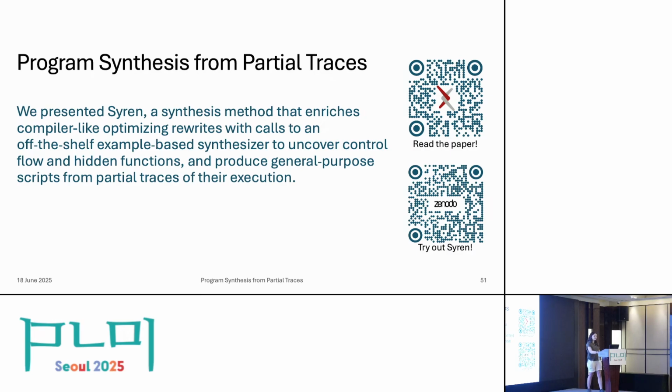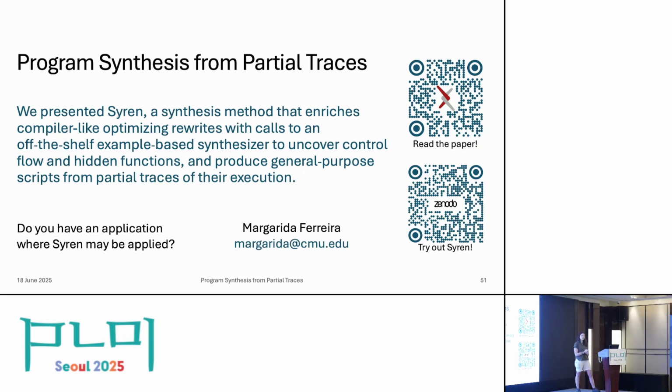And I wanted to ask if you can think of other applications, if you work on something that produces these kinds of partial traces with sequences of functions and inputs and outputs, but with some computation missing in the middle. If you do, please let me know either here or at my email.